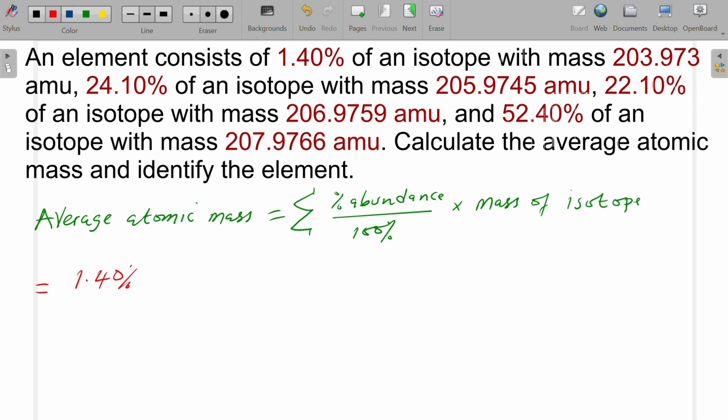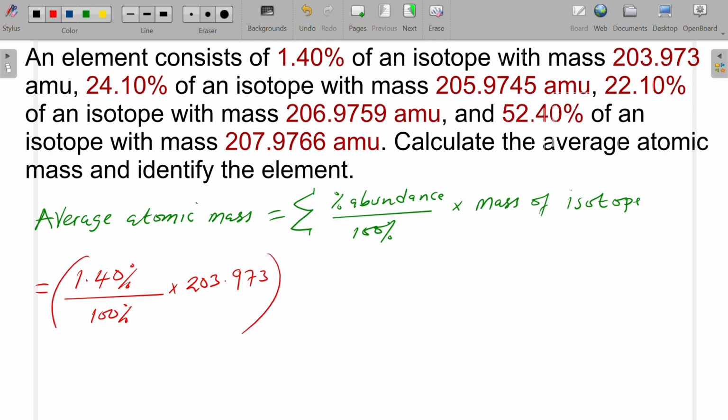1.40% divided by 100%, and then multiplied by its mass, 203.973.